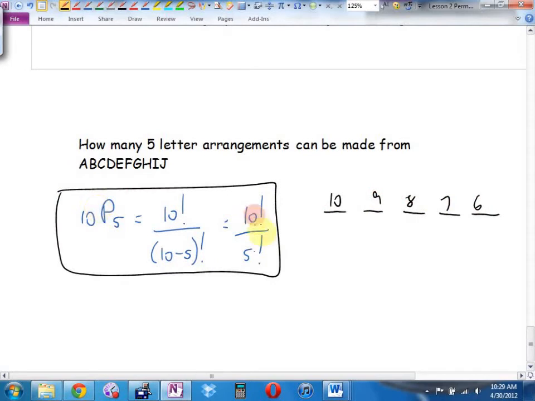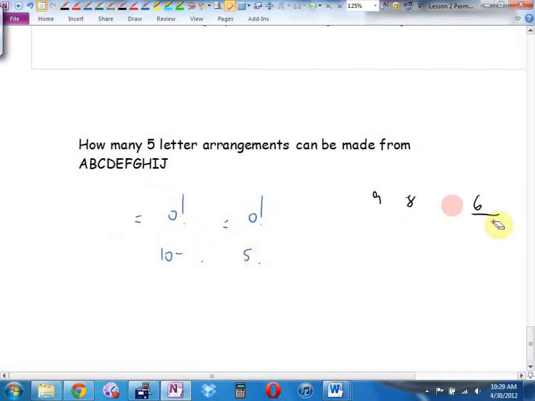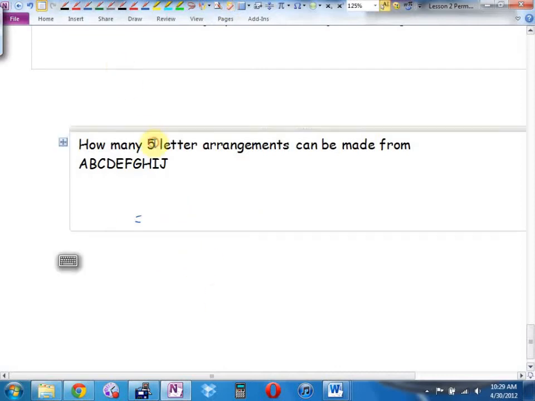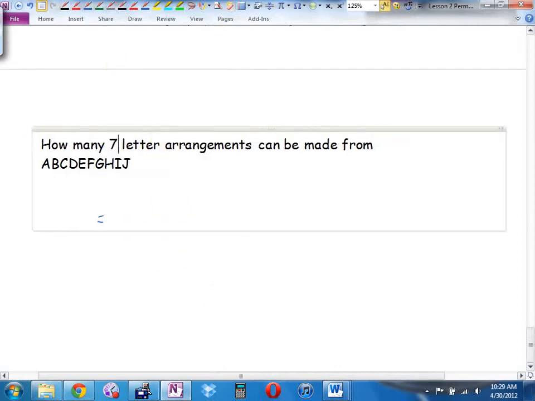What is 10 factorial divided by 5 factorial? Amanda? 30,240. Someone else want to double check? Yeah? Okay. How many 7-letter arrangements?